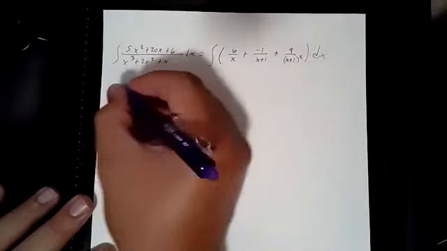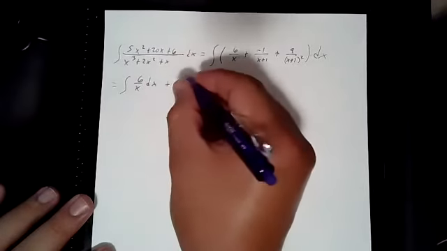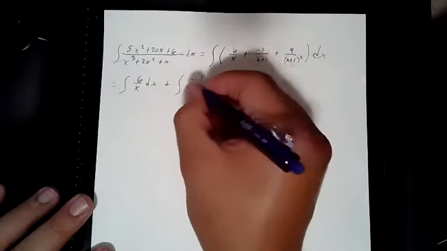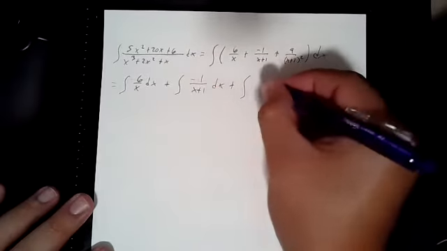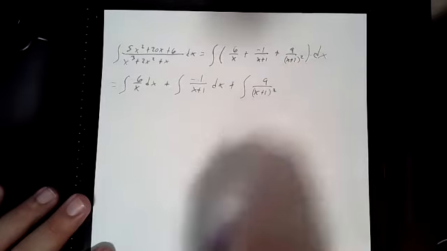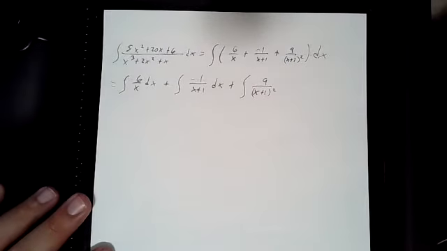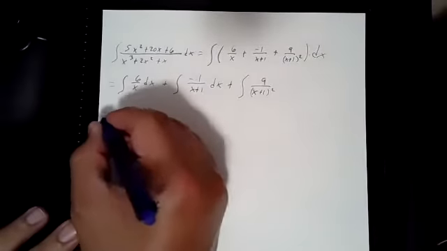So the question becomes the integral of 6 over x dx plus the integral of negative 1 over x plus 1 dx plus the integral of 9 over x plus 1 squared. So this first one is an easy one, right?